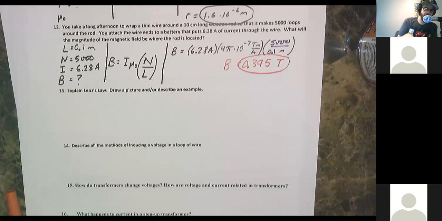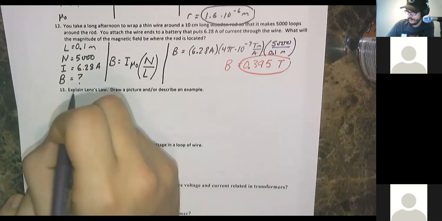Explain Lenz's law. We already talked about Lenz's law. That is that the current induced will make a magnetic field that opposes the change that induced it.